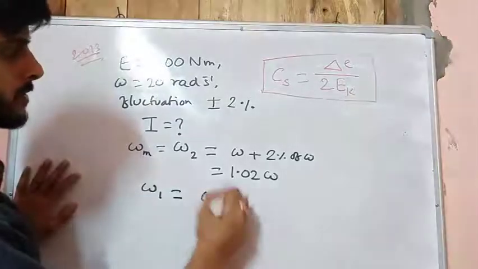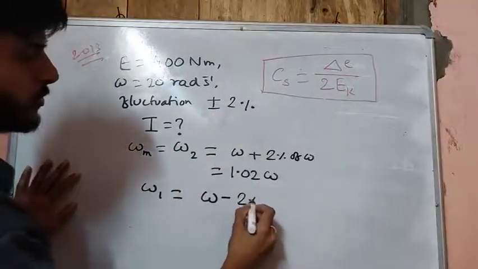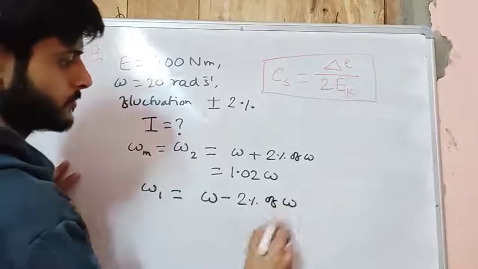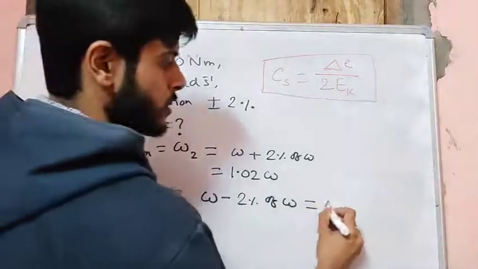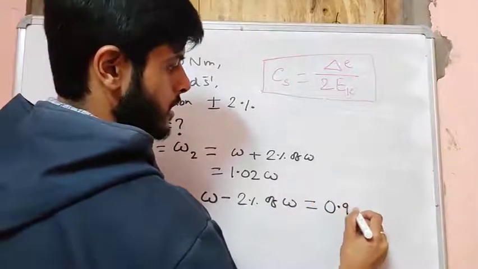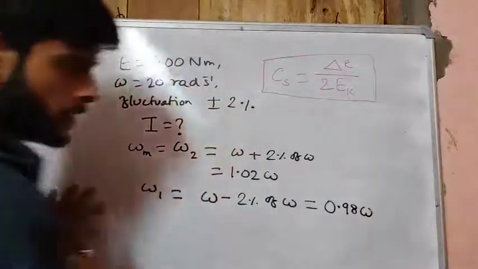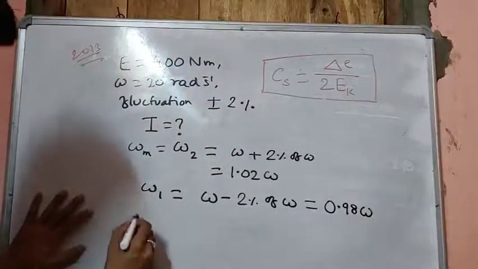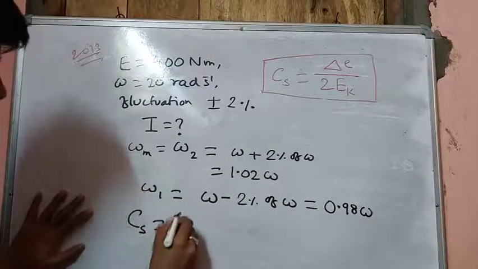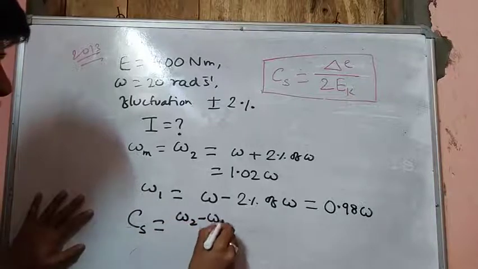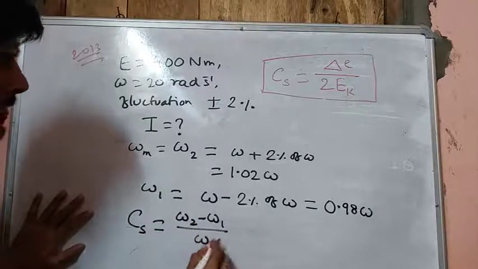Omega minus 2% of omega, which is equal to 0.98 omega.